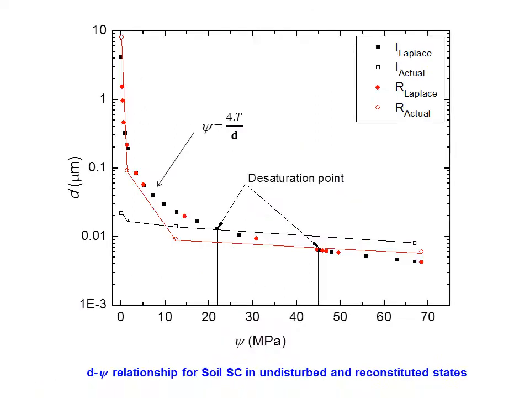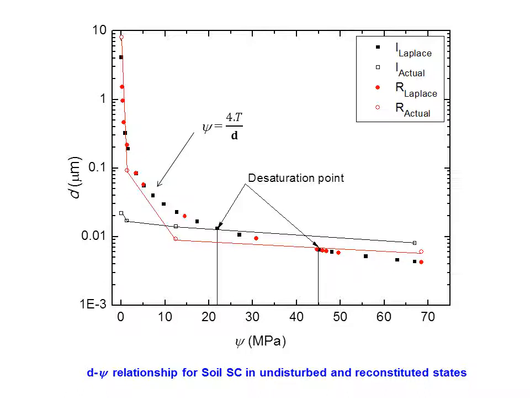Now based on this, if we try to infer this data from a different perspective, if we represent these data points based on the Laplace equation, which relates the pore diameter with suction, this indicates that for a particular pore size, the capillary pressure developed will be given by this equation, and if water has to be removed from the pore, then a suction or a pressure which is greater than the capillary pressure given by this equation is required.